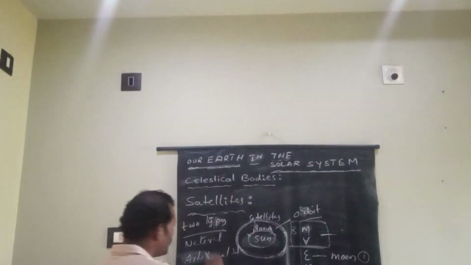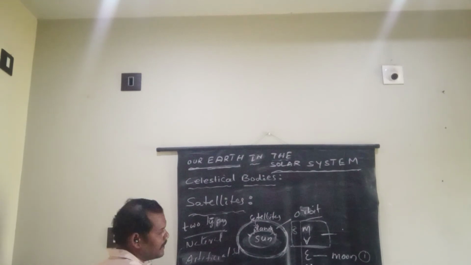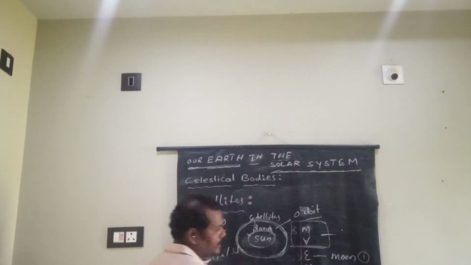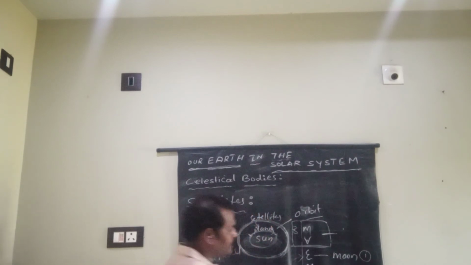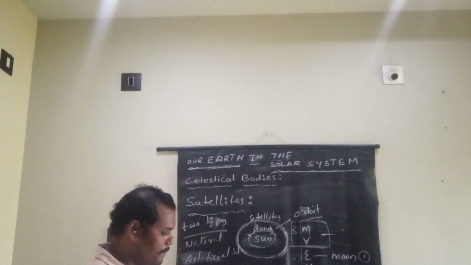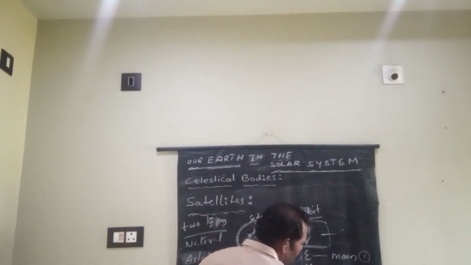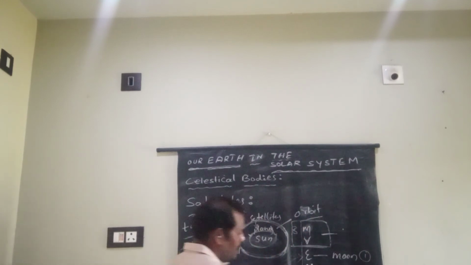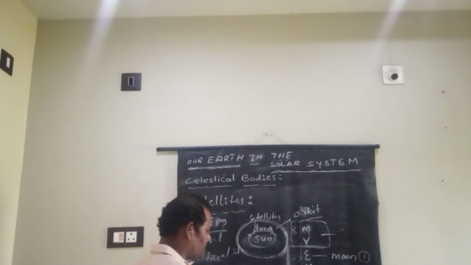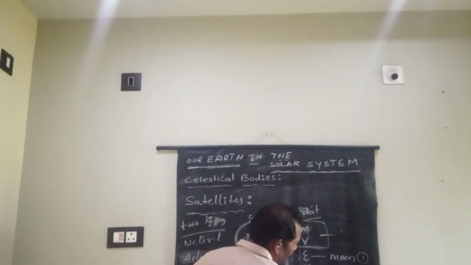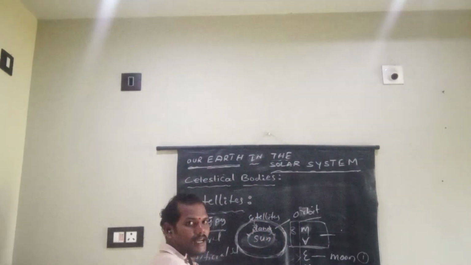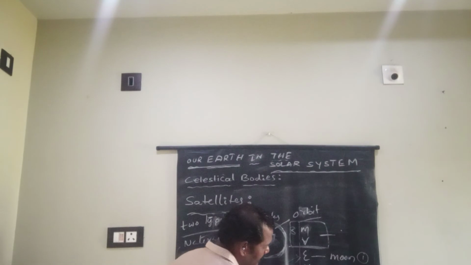Discussing the natural satellites: Earth has one. Mars has two satellites. Jupiter has 63 satellites.